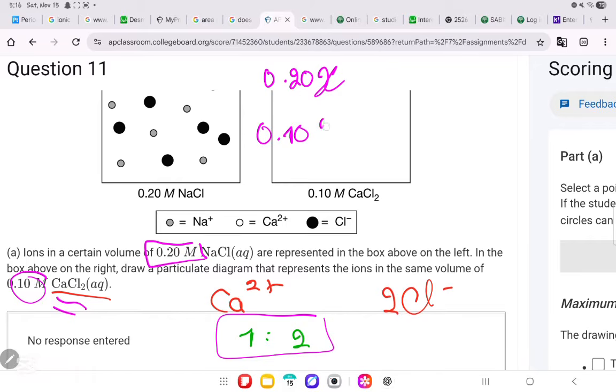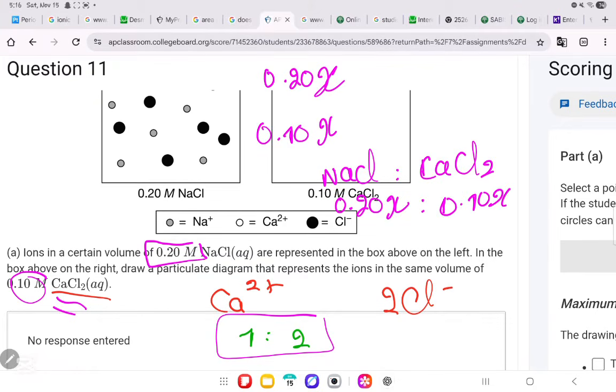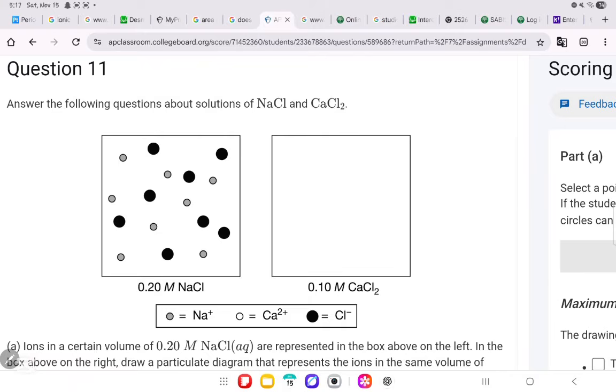However, it's the same exact volume, which is X. Now, what's the ratio of NaCl to CaCl2? This is 0.20x to 0.10x, so it's going to be 2 to 1. So what does this mean? This means the number of moles I have for NaCl, I'm going to have half of it for CaCl2, right?